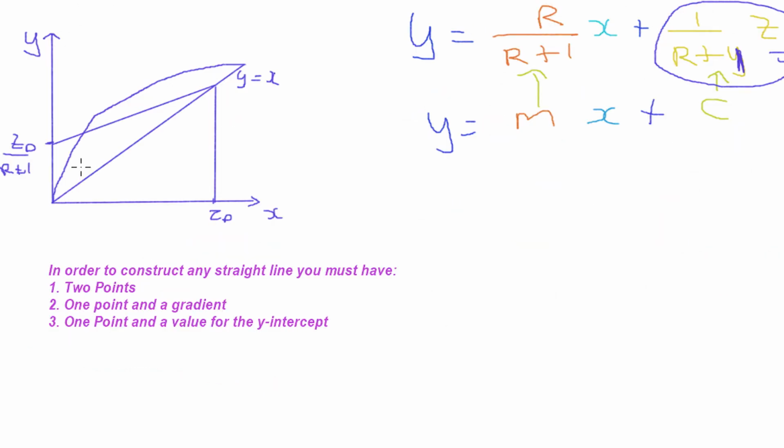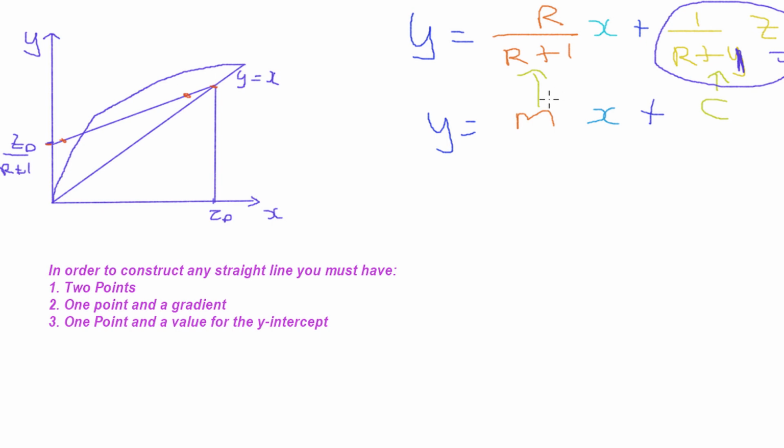Before I conclude, in order to draw this upper operating line, or rectifying line, you must have at least two points on the line, either here or here or even here. Or you need one of the points and the gradient, which is equal to R divided by R plus 1, or one of the points and the y-intercept, which is equal to zD divided by R plus 1.